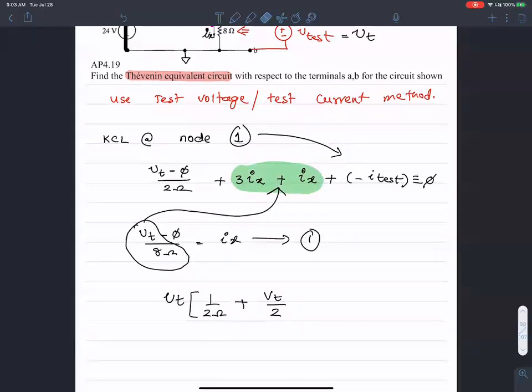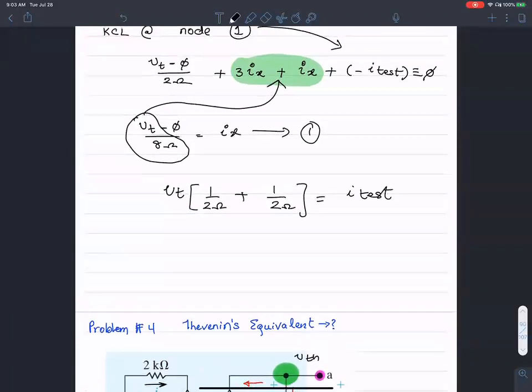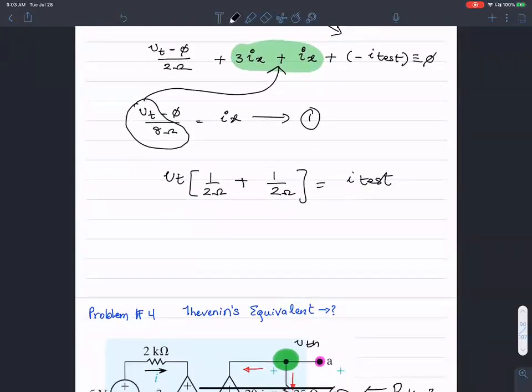So when I factor out V test, it's going to be 1 over 2 ohms plus 3 over 8 over 1 over 8, all of that equals I test. I'm not interested in calculating V test or I test per se. I'm interested in calculating V test over I test, which is going to come out to be 1/2 plus 1/2 inverted, which is 1 ohm.